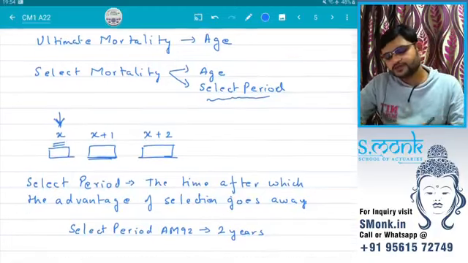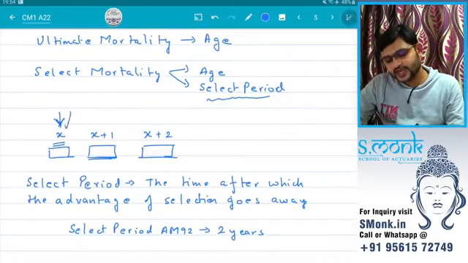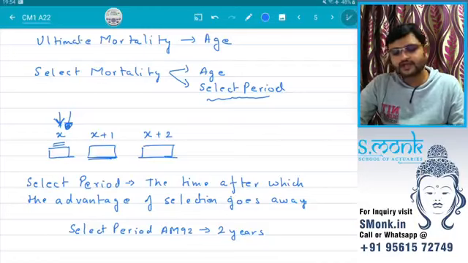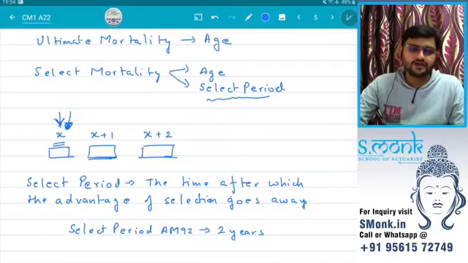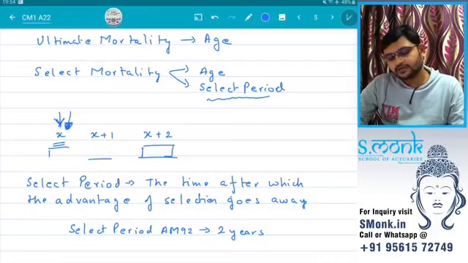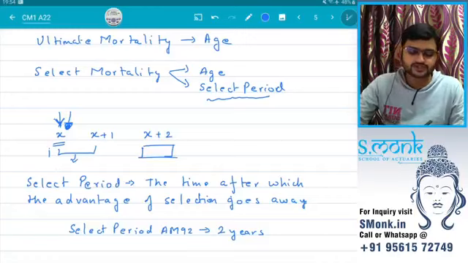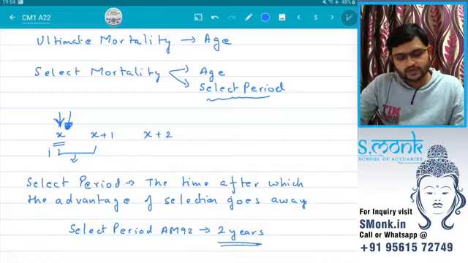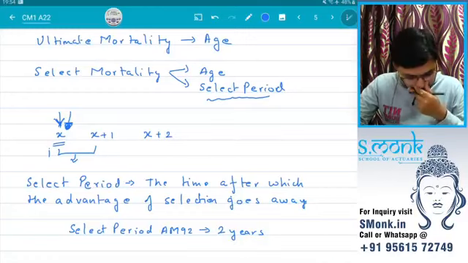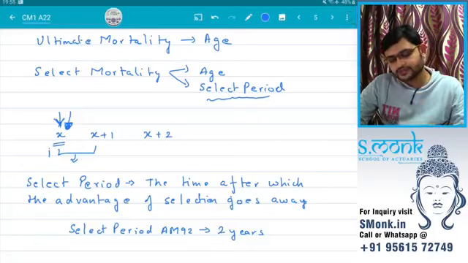So if a person is screened at age X, that is selected at age X, we are saying the mortality between age X and X plus 1 changes. Mortality here changes. And then let's say we are talking about AM92, the mortality effect is for 2 years. So we'll have a different mortality here as well.